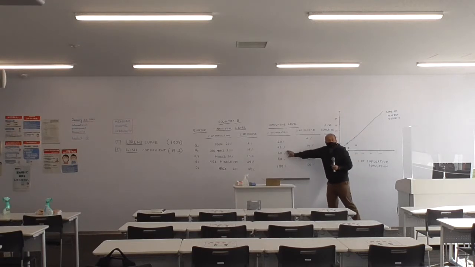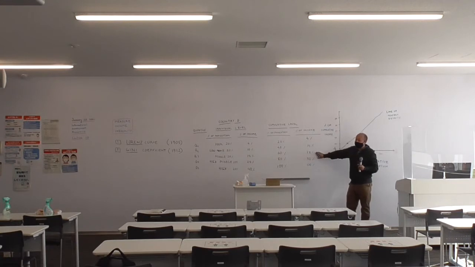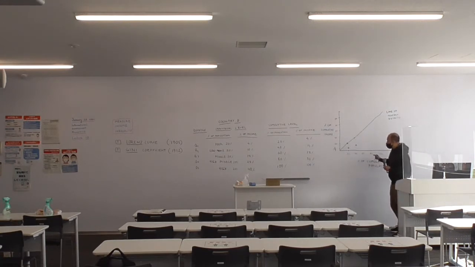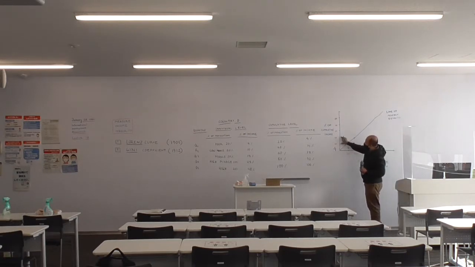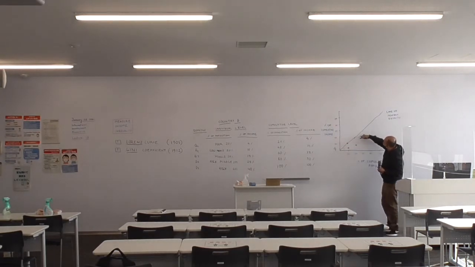And then next, 60% of the population has 28% of the income. So what is the 60% of the population? In our graph, 60% of the population is here, and they have 28%. So 28% should be somewhere in this region, right? So probably a little bit less than this 30. So approximately maybe, say, this is the situation.